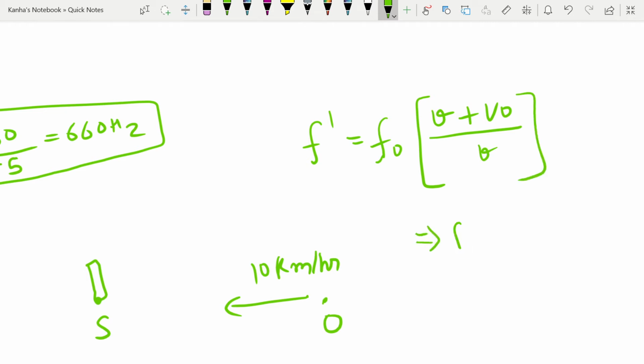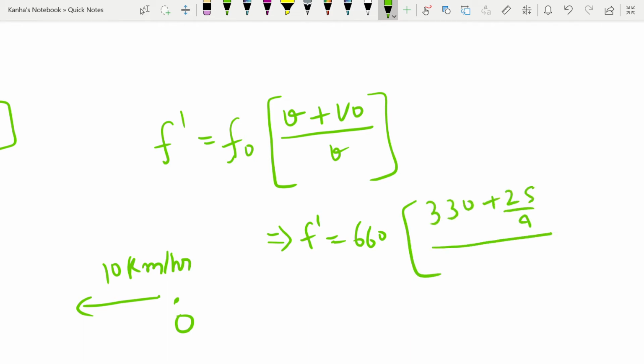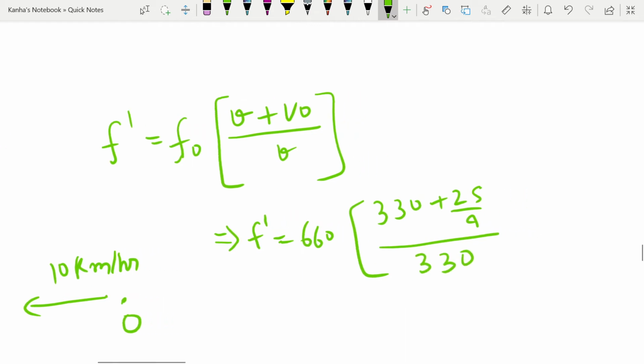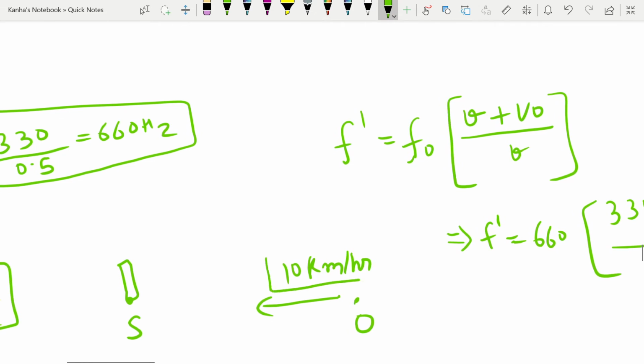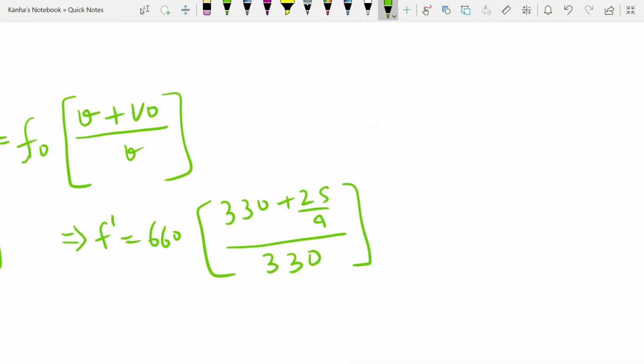This gives me f prime is nothing but f naught, which was 660, times 330 plus 25 by 9 divided by 330. Why 25 by 9? Because I converted 10 km per hour to meters per second. Just solving this, I get f prime equal to 665.55, which is approximately 666 hertz.